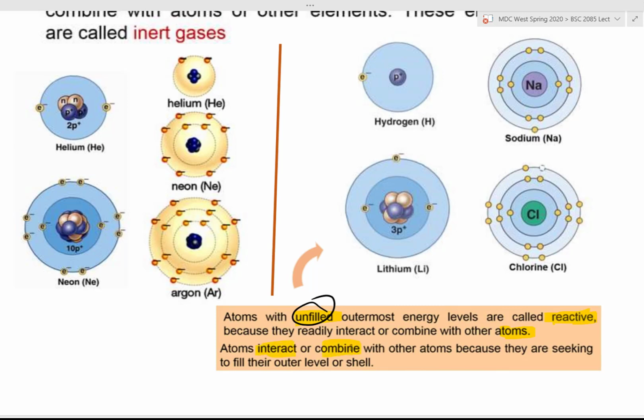Interactions and or combinations with other atoms and or molecules. And this allows us to create what? In this case, we're creating sodium with chloride together. We call that what? Sodium and chloride, we call it what? Table salt. Sodium chloride is your salt, the salt that you put in food.